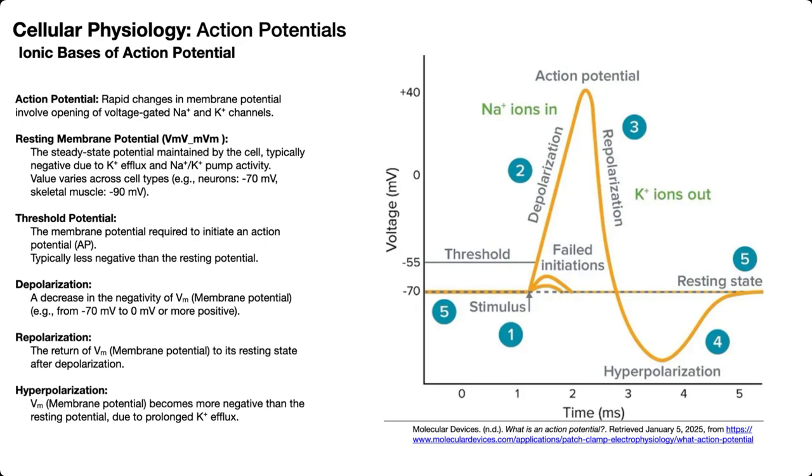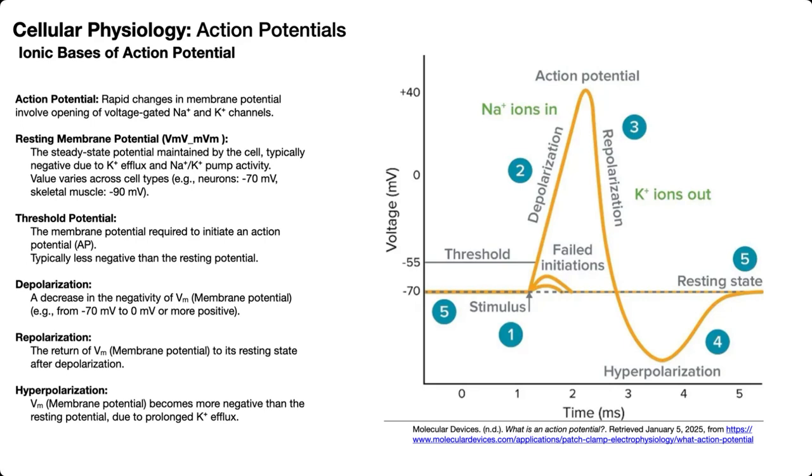At around 2 milliseconds, the graph starts to drop back down. This is what we call repolarization, where the cell returns to a negative membrane potential. What's happening here is the voltage-gated sodium channels are closing.